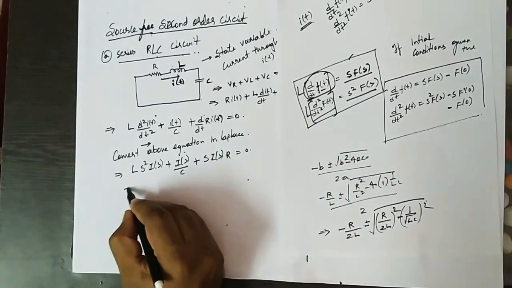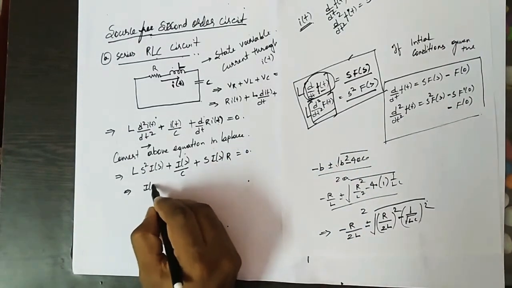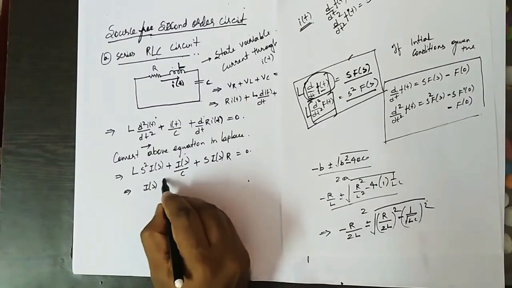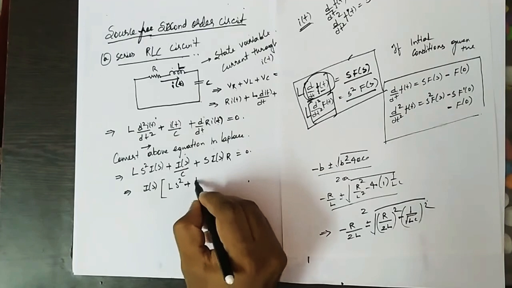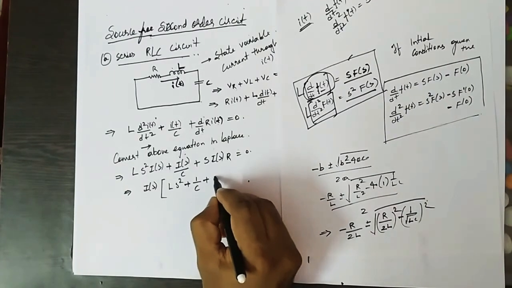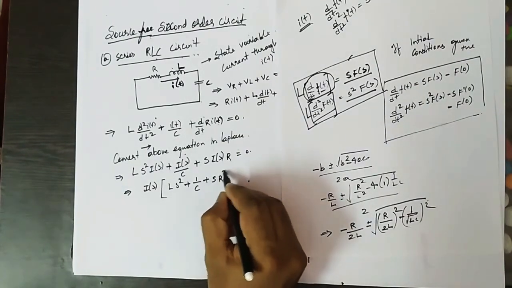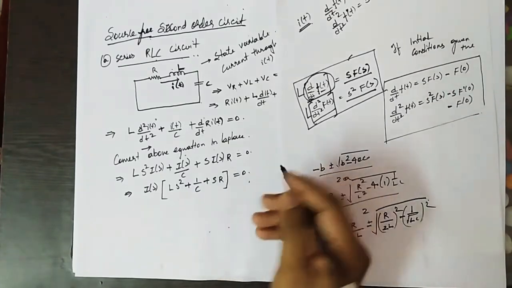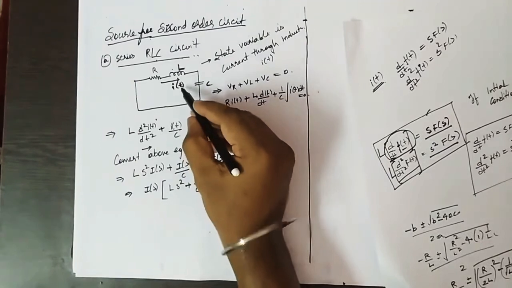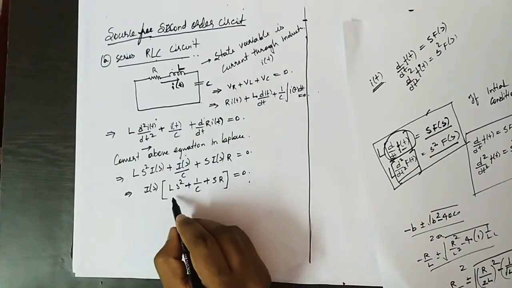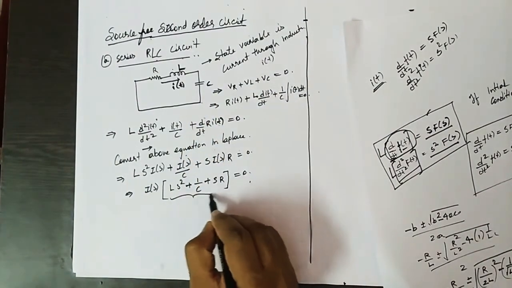So here we take I of s as a common element. So we will get I of s into (L s square plus 1 by C plus sR) equal to 0. Here the response I of t can be obtained by knowing these values.